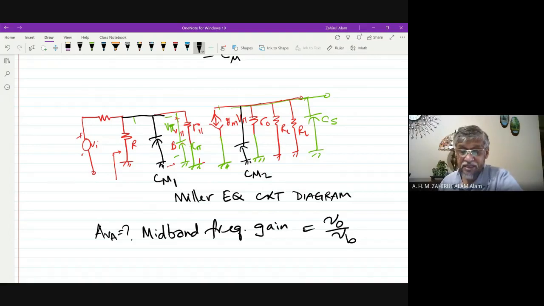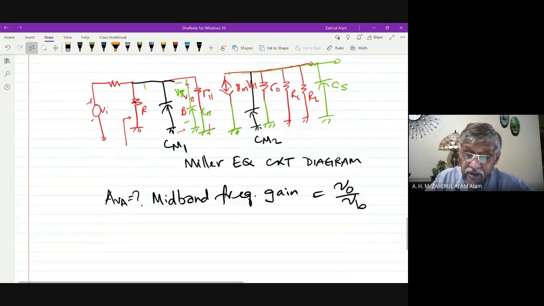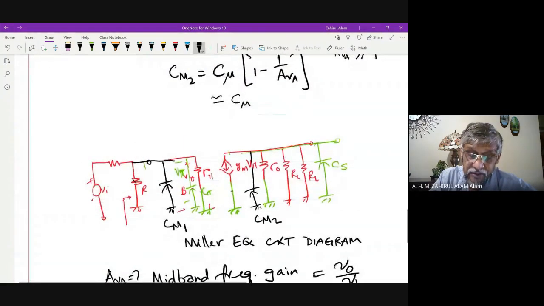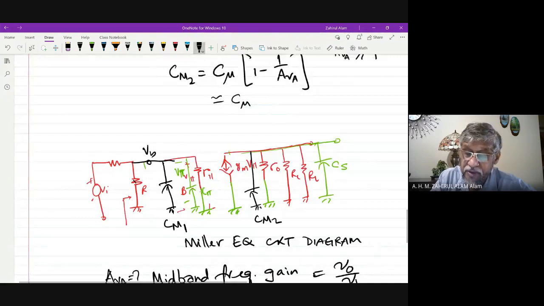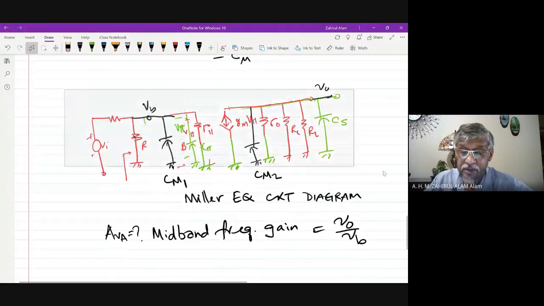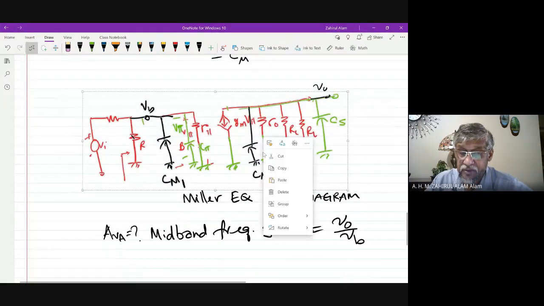Now from this circuit, we can find this mid-band frequency gain. So now this is VB and this is V out, and this is within this block.